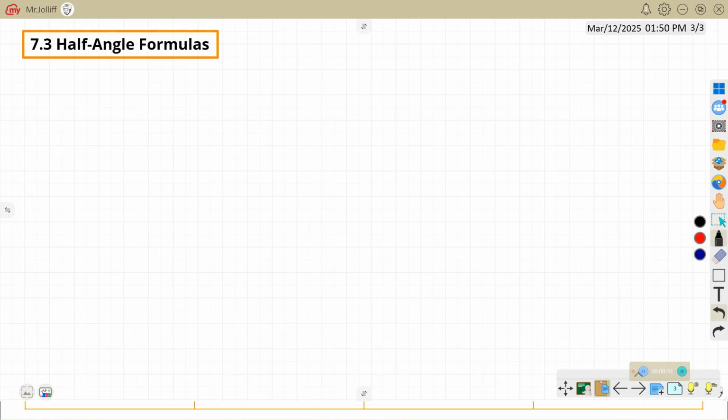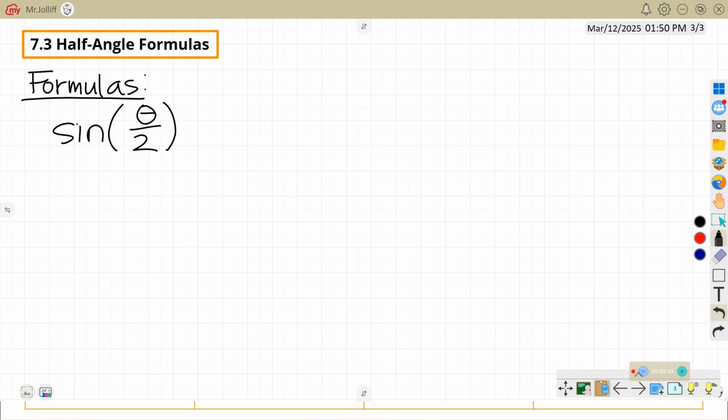All right, so let's start with the formulas. Just like the last couple, we have one for sine, one for cos, one for tan. And now we're looking at half angles, theta over 2.